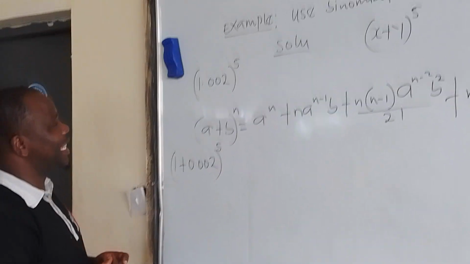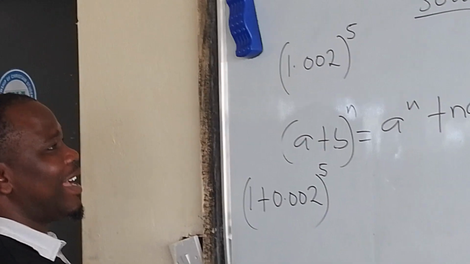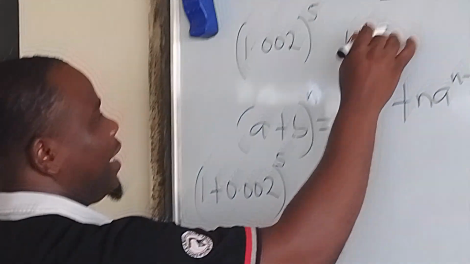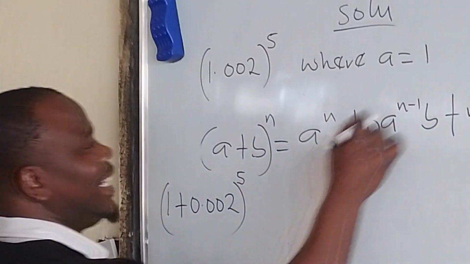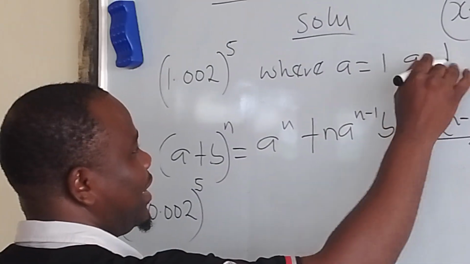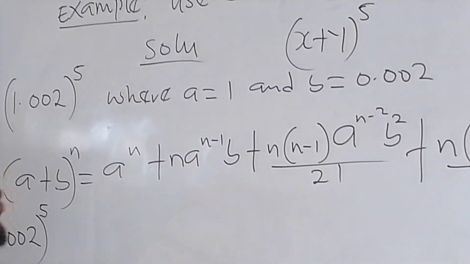So this implies that your first term, a, is equal to 1 and b is equal to 0.002.